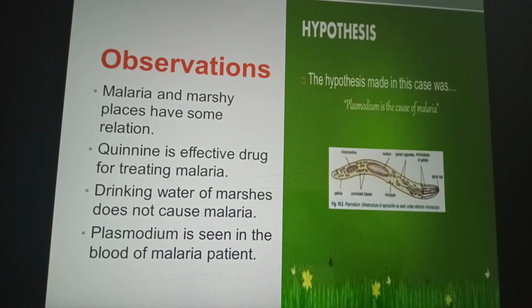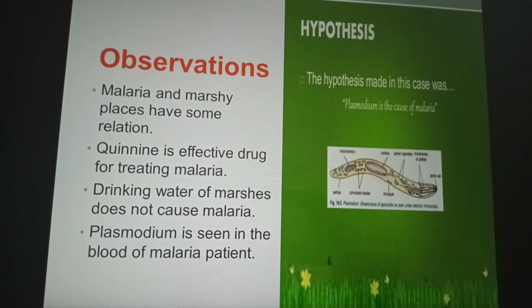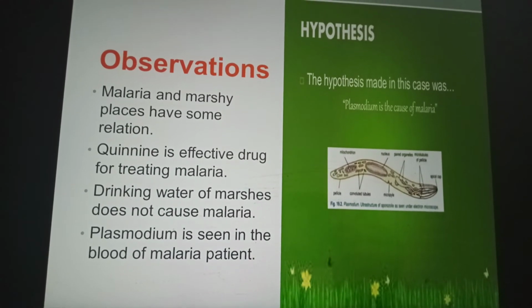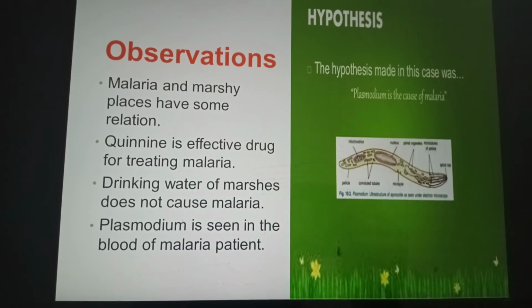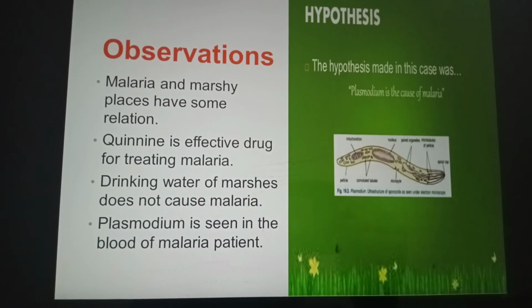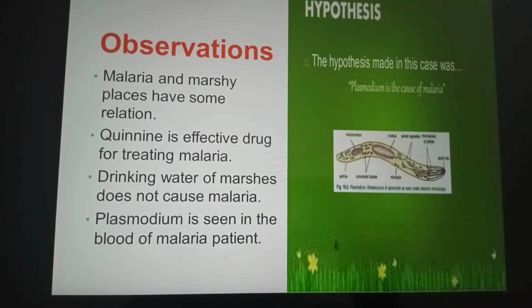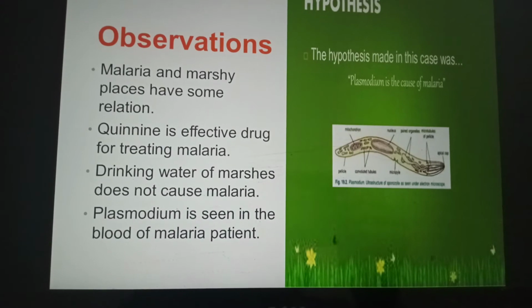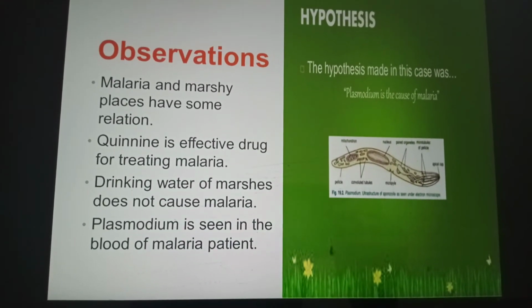In the last part of the 19th century, many different causes of malaria were being suggested. By that time, there were four major observations about malaria. Malaria and marshy places have some relation. Quinine is an effective drug for treating malaria. Drinking water of marshes does not cause malaria. Plasmodium is seen in the blood of malarial patients.